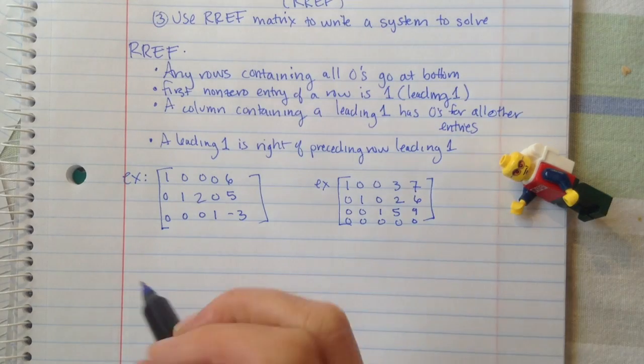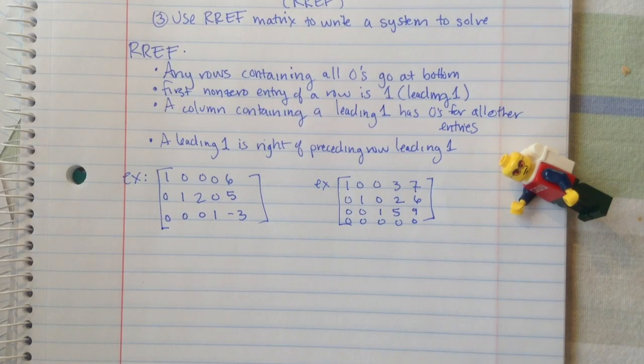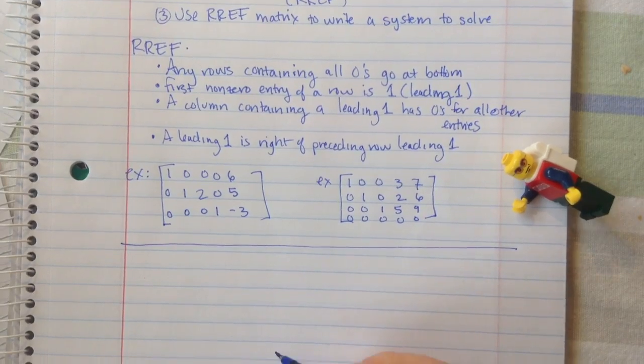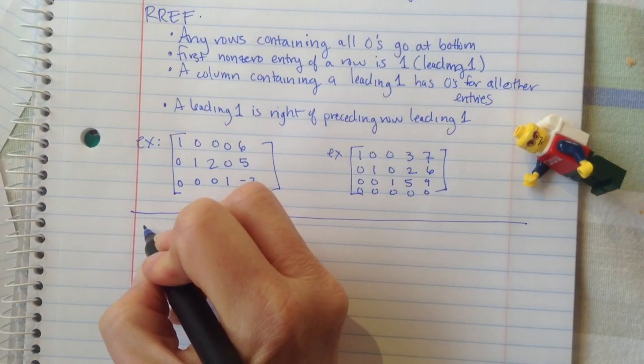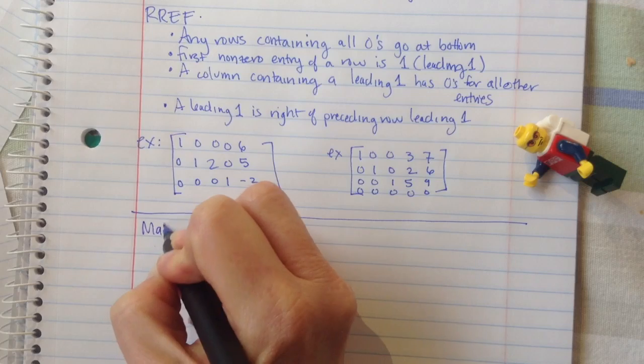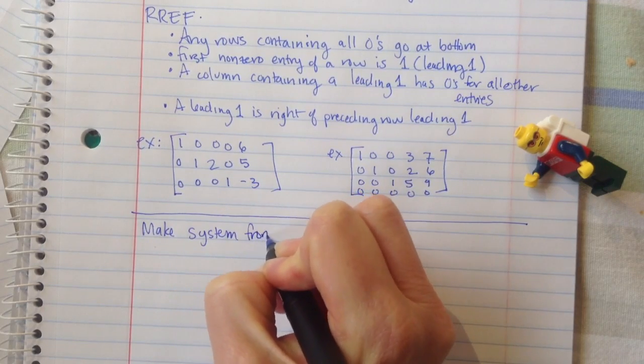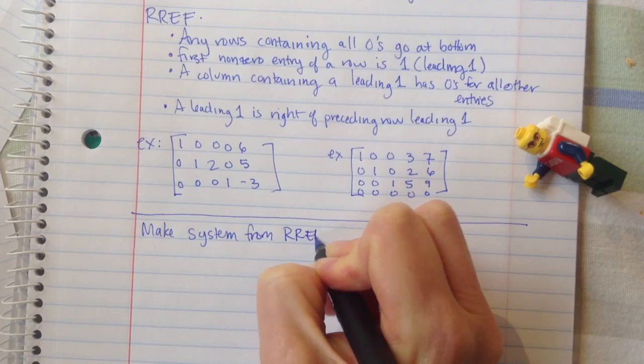Now, like I said, once we have it in that form, we're able to make a new system that's much easier to solve. So, for example, now we're going to make a system from the RREF.